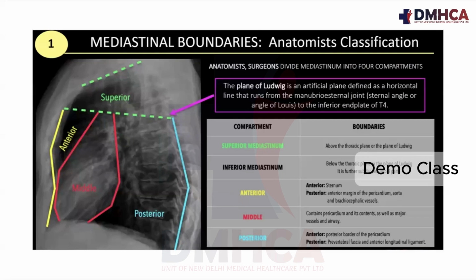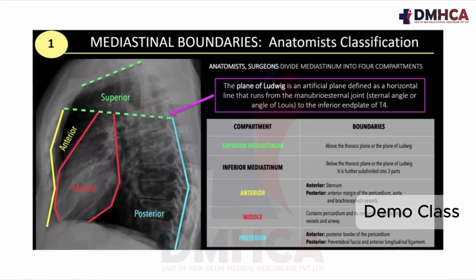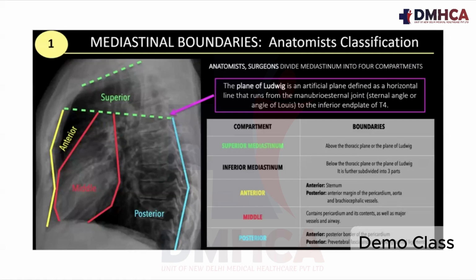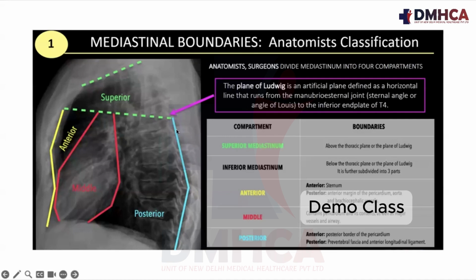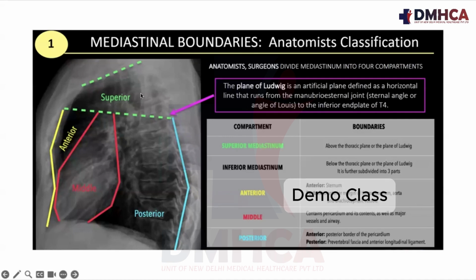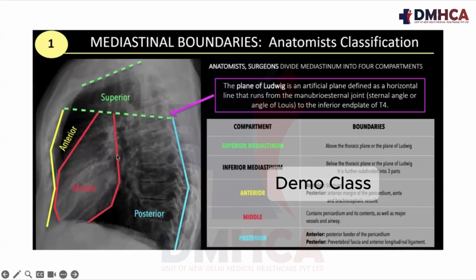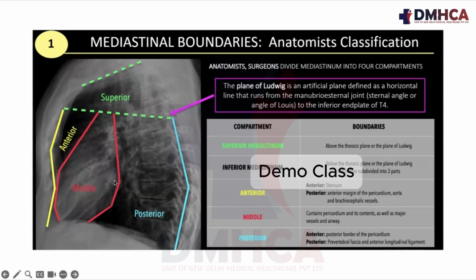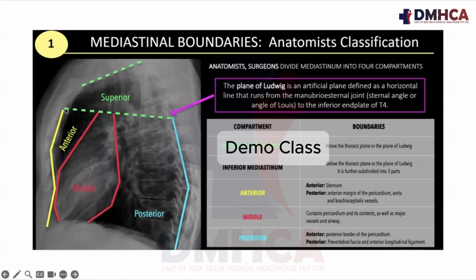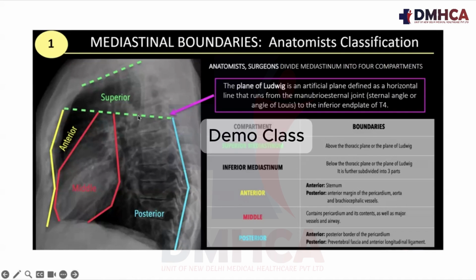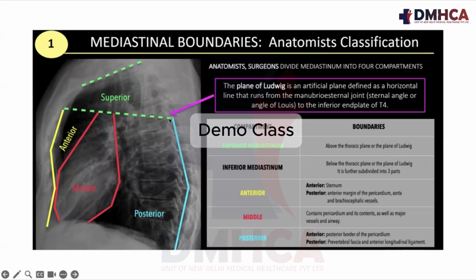Now, there are various ways to classify and compartmentalize the mediastinum. Various different methods are used. Anatomists basically use this classification system. They first divide the mediastinum into the superior mediastinum and the inferior mediastinum by a line joining the manubriosternal joint to the D4 rib.